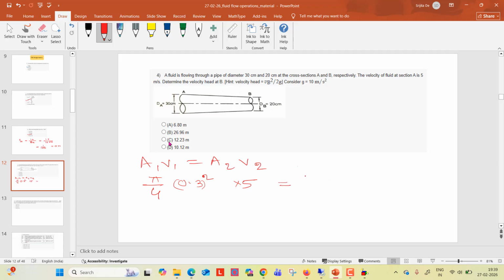And A2 is pi by 4 times 0.2 square, and we need to calculate this VB. So how much is it coming? Calculate on your own and then check with me. Everything is written.